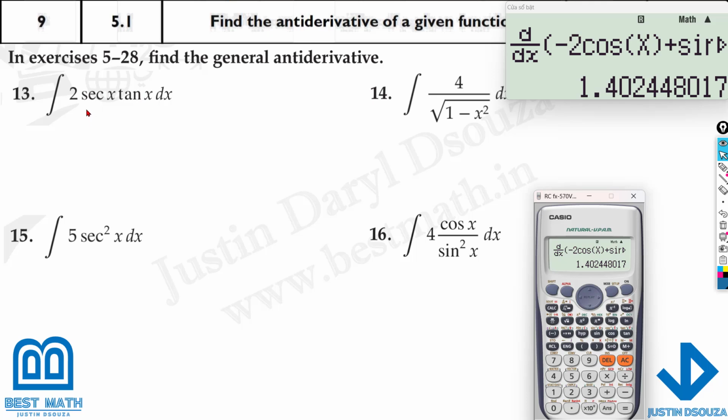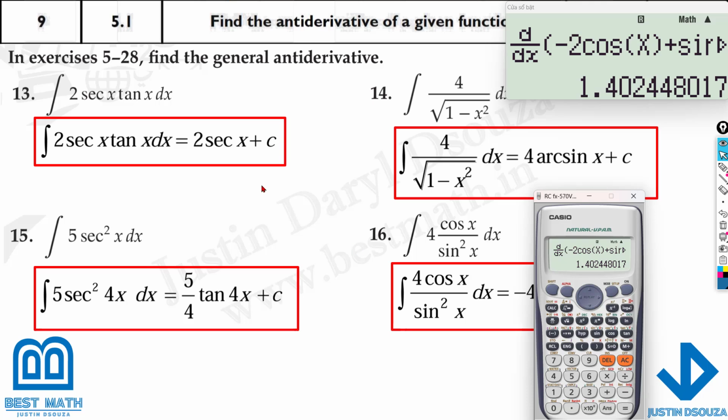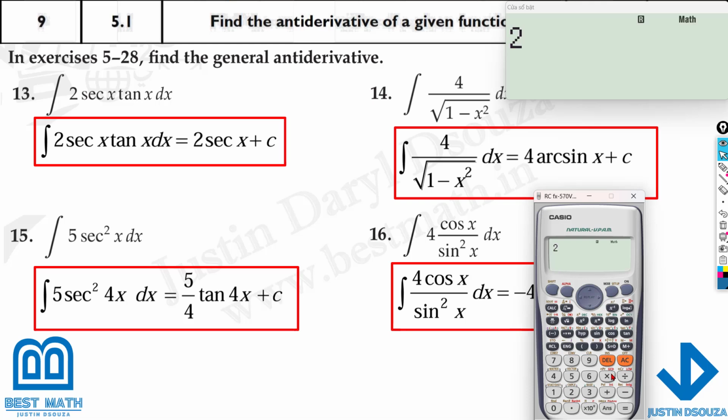Now, what to do if it's secant? You need to know all the 4 options. Secant also can be solved in the calculator, but make sure you're writing the reciprocal identity. Secant is 1 divided by cosine. If it was cosecant, it'll be 1 by sine.